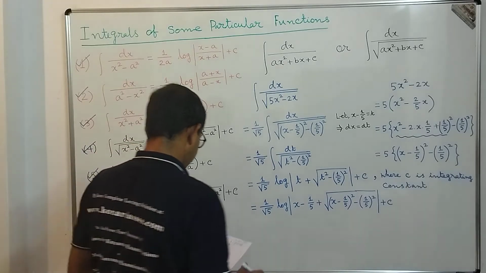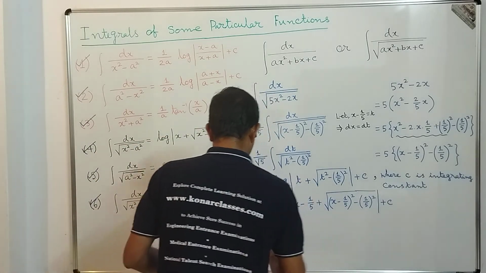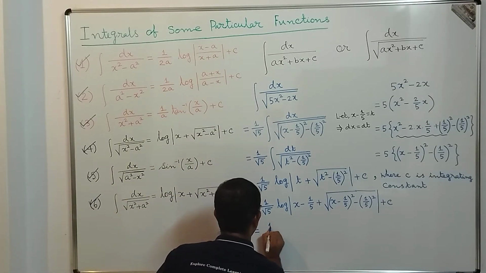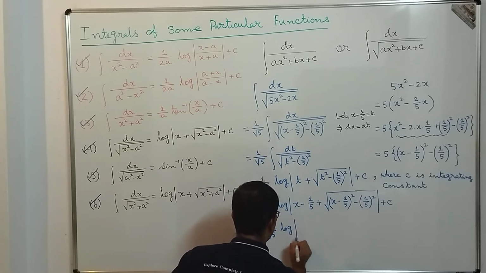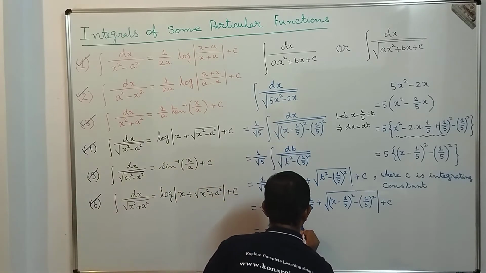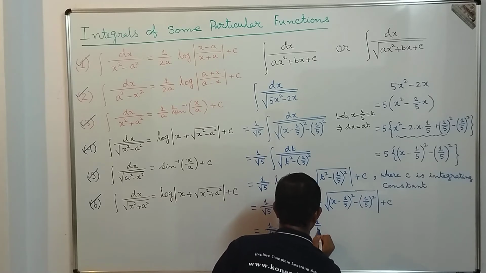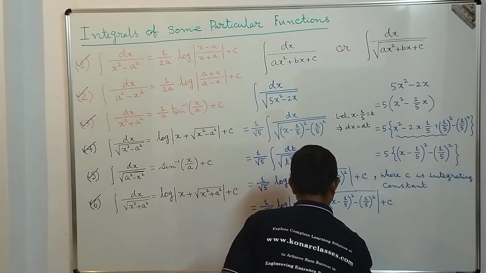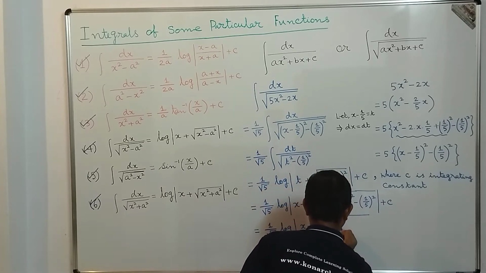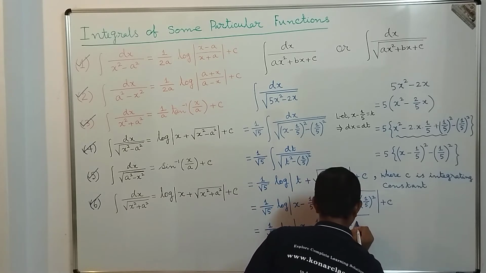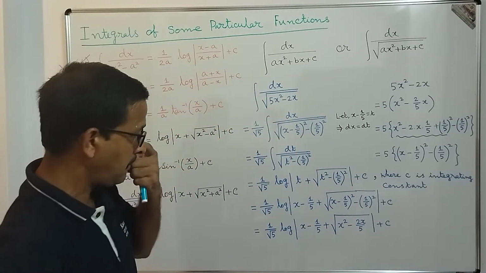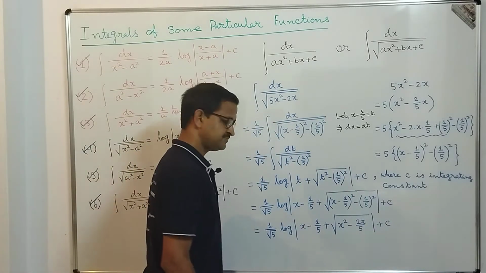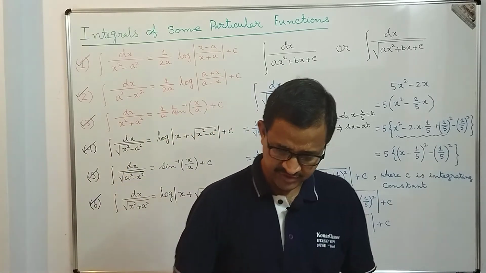So we can write this as 1 by square root of 5 into log of mod x minus 1 by 5 plus square root of x square minus 2x by 5, plus the integrating constant c. Okay, so this is the value of this expression. I hope you got it.